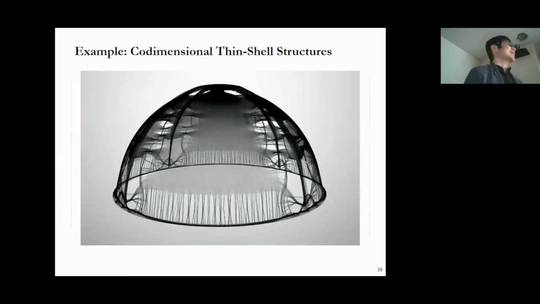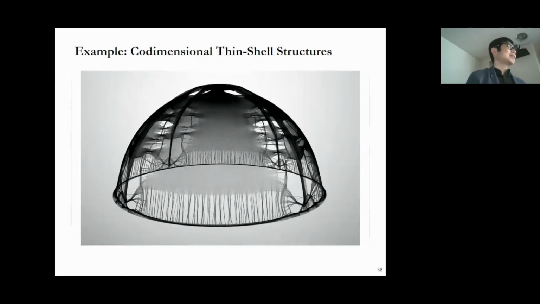And our discovery is still slightly different from theirs. Maybe our resolution is not high enough yet to get a completely thin shell, but our computation result is a codimensional structure, a combination of both thin shell and filament.